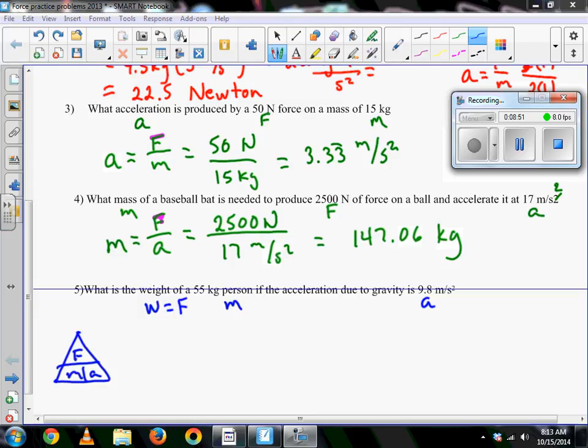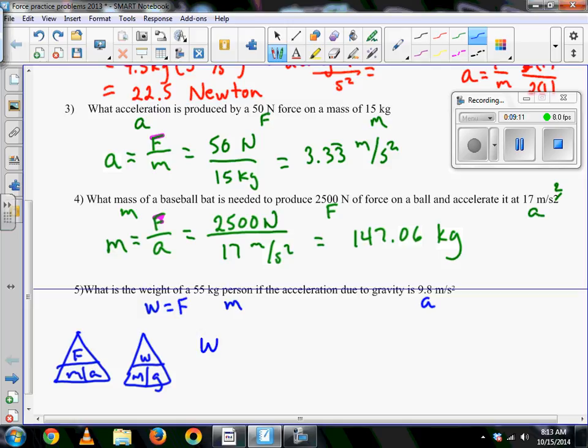Okay? So on this right here, if I'm using weight, we can also say that W equals M times G. And G from last chapter was always what number on Earth? Yeah, 9.8. So we're going to do W equals mg, or women marry guys.